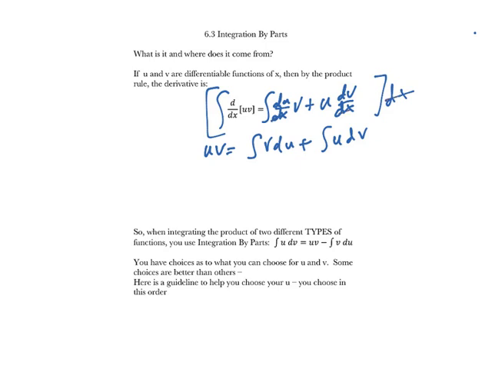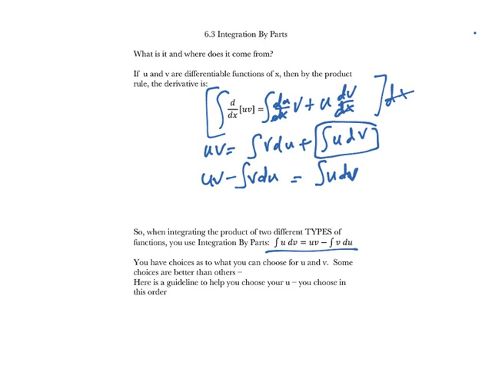So if I solve for the integral of u dv, I get uv minus the integral of v du. And that's where integration by parts comes from.